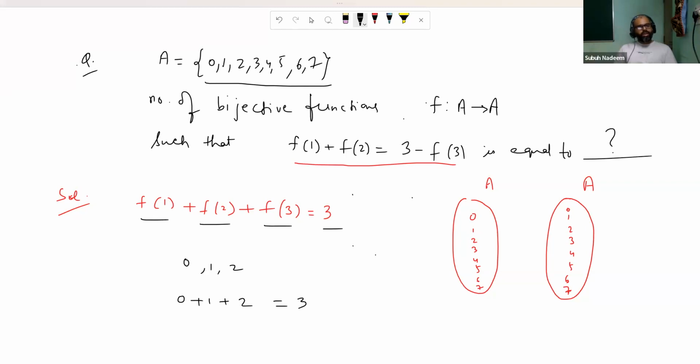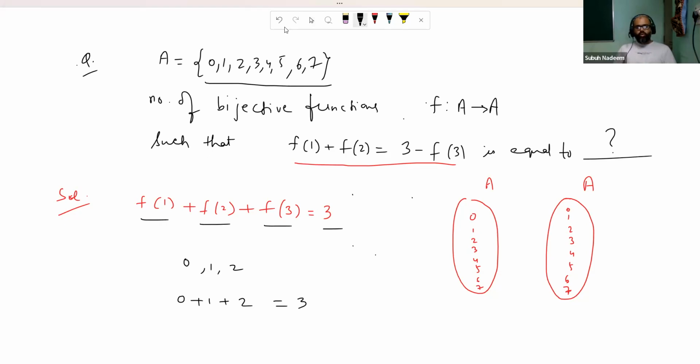We want three numbers from them such that they add up to 3 and they are different. You can't also say 1 plus 1 plus 1 because it is one-one. You can't take image of same again and again. You have to take different. So if you want to take three different numbers from here so that they add up to 3, the only possibility is 0, 1, 2.